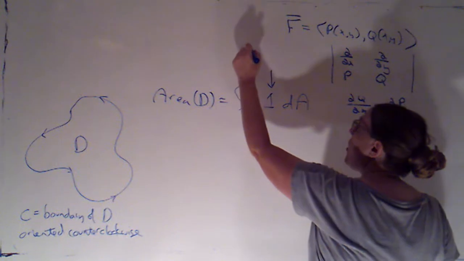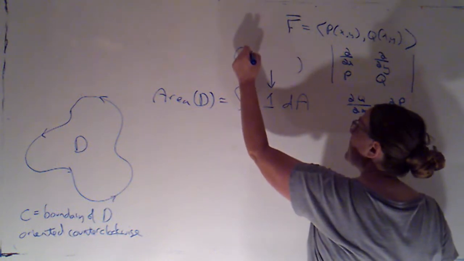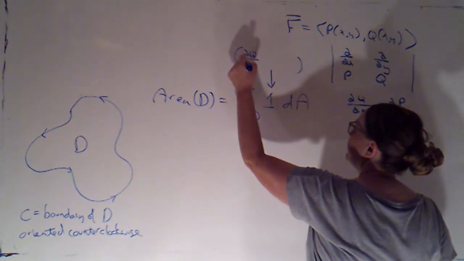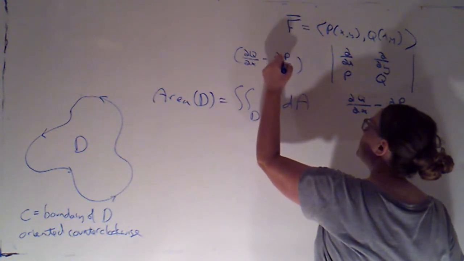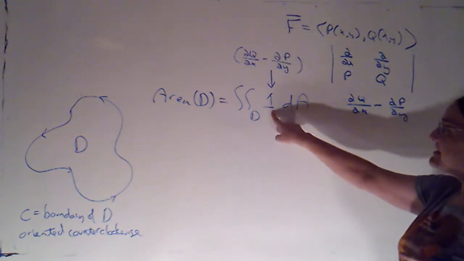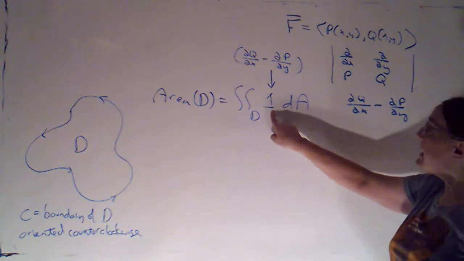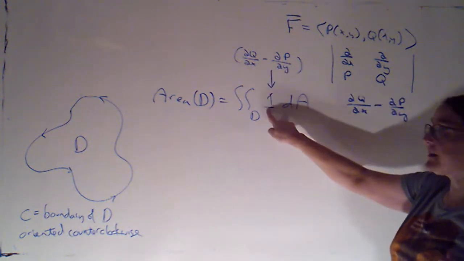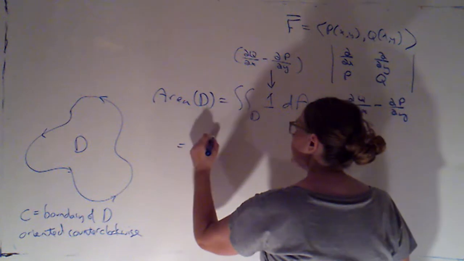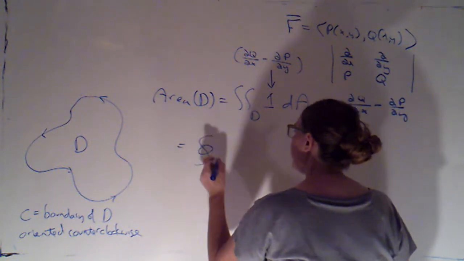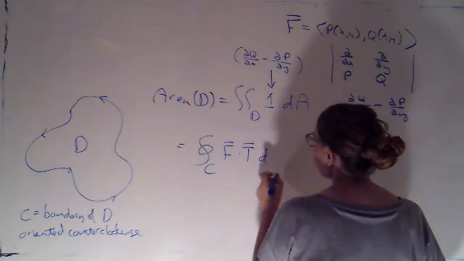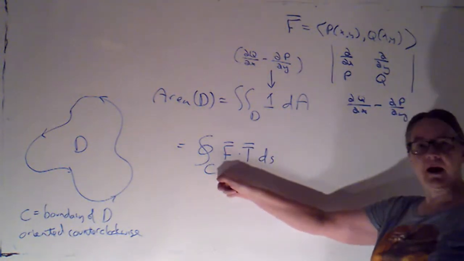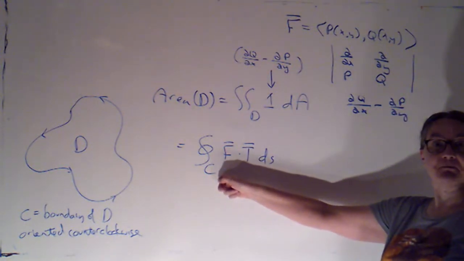So I'm going to hope that I can find some vector field so that the difference between these partial derivatives is just 1. If I can find a vector field that satisfies that, then I could actually find the area by doing the work integral of that vector field around the boundary curve C.